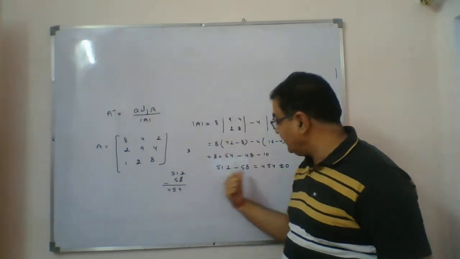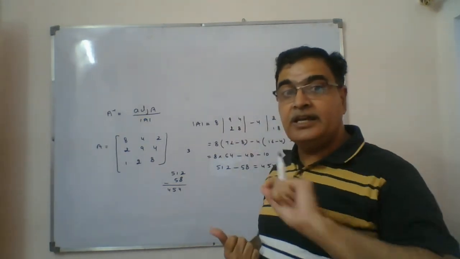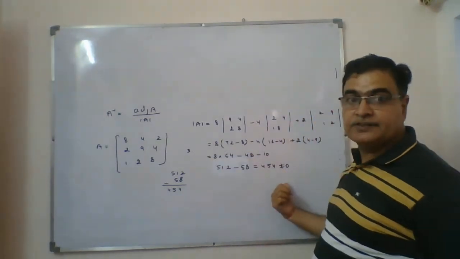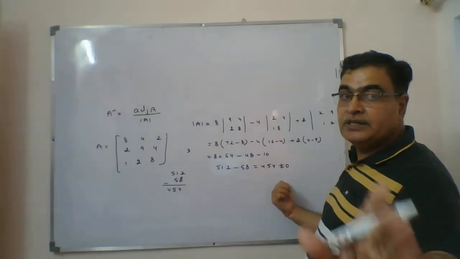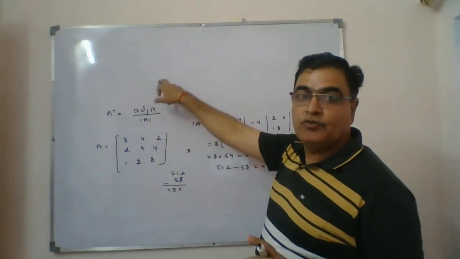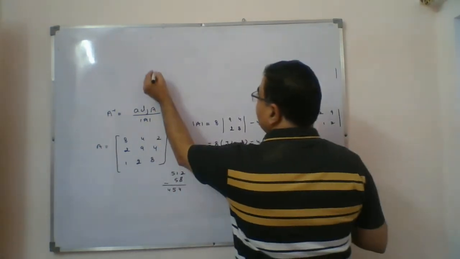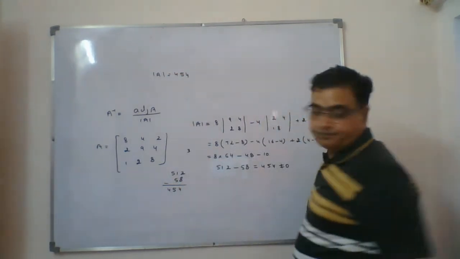If you get this is not 0, then you go for the inverse. Otherwise, say the inverse does not exist. If the determinant of A comes 0, say the inverse does not exist, because in that case dividing by 0 will make the result infinite. So here, the determinant of A we got is 454.